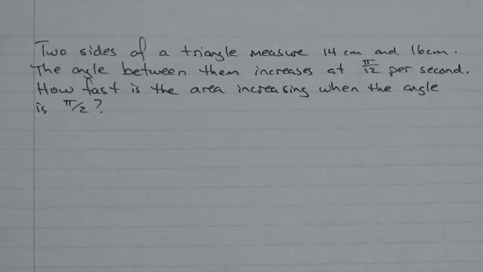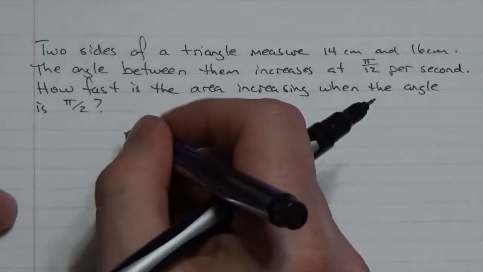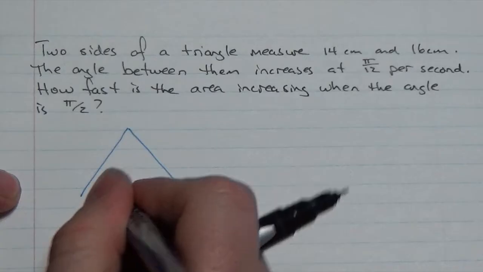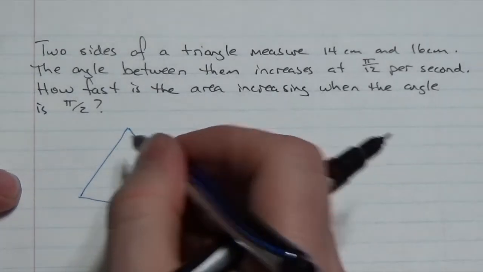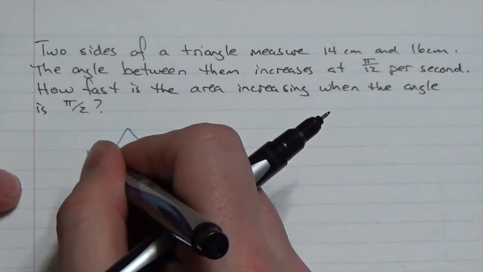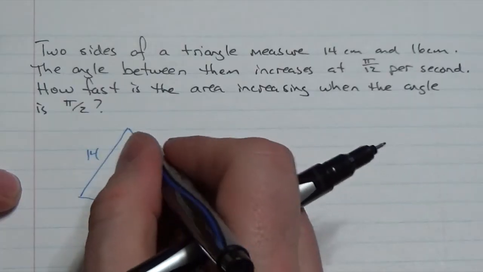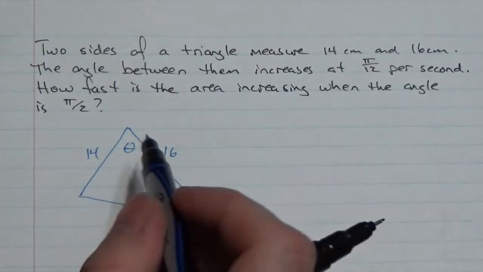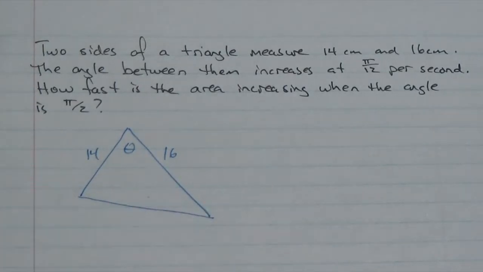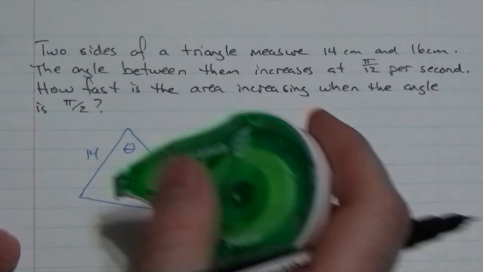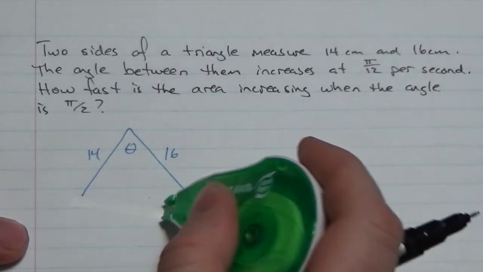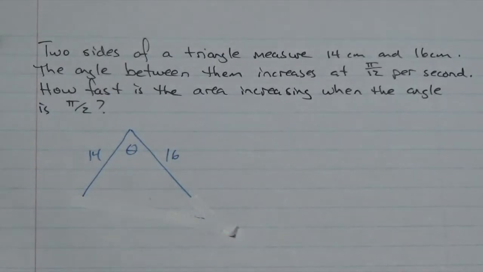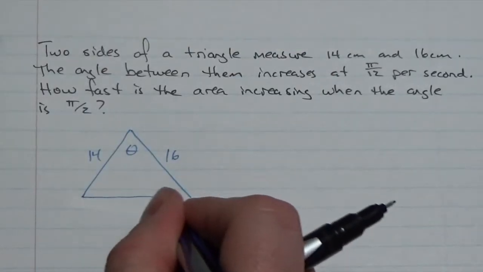A lot of times people's instinct is immediately to do this, and make this 14, here's your 16, and then they start looking for this angle right here, this is your theta. Actually, sorry, that's not what they would do. Let me show you a little better. What they would do is draw that out flat.